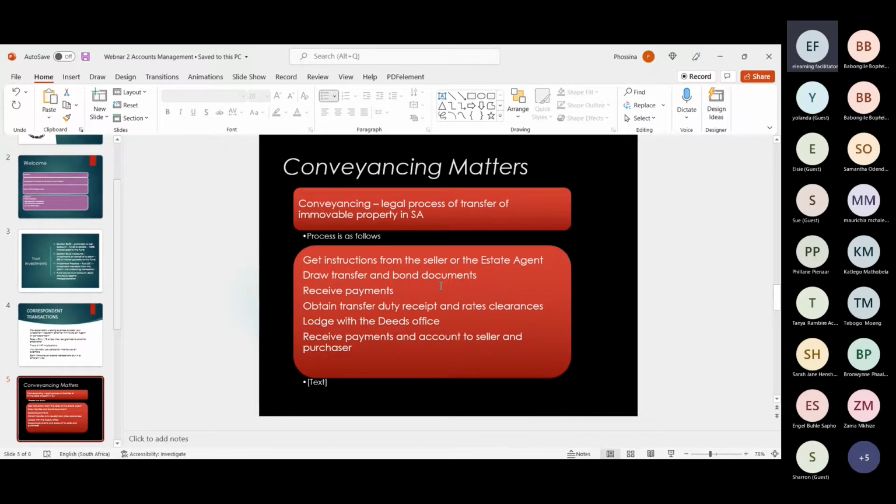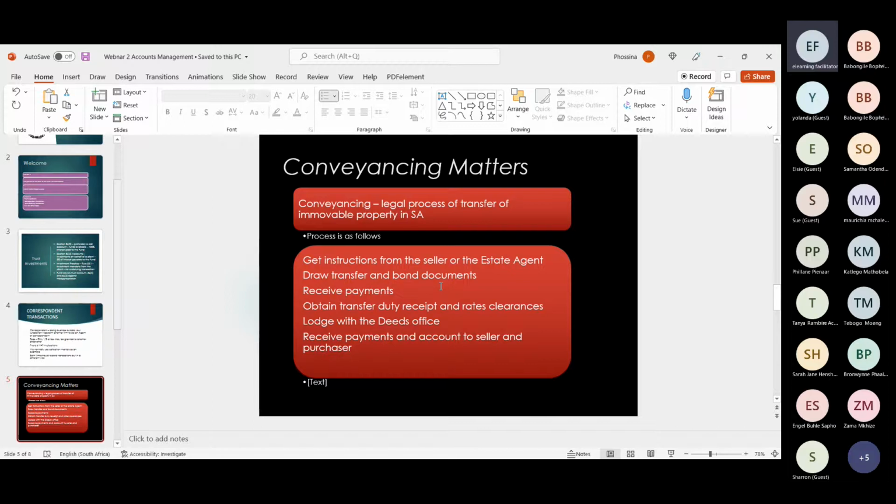There has to be a legal practice that carries out the legal part of transferring a property. Conveyancing applies to immovable property. With immovable property, we are looking at land, houses and farms. Those are the ones that are affected by conveyancing.